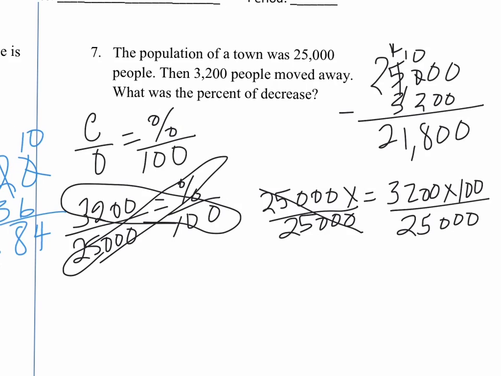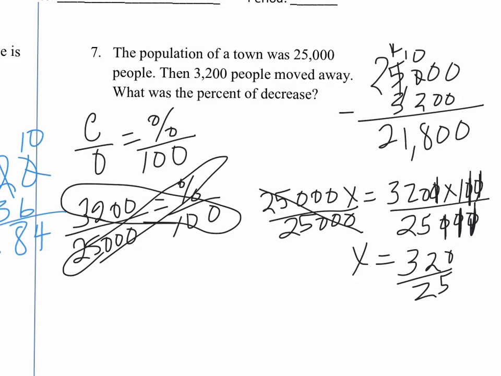The 25,000s cancel, x is by itself. That's what we're looking for, which is the percent. Oh, we have a lot of zeros we can cancel here. For every zero on the top, you can cancel a zero on the bottom. That leaves us with 320 over 25.